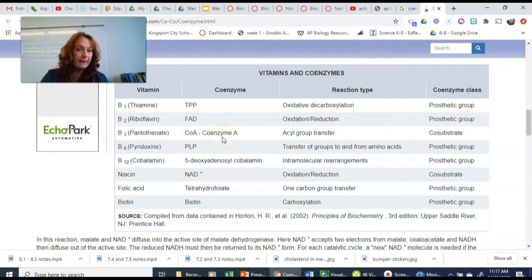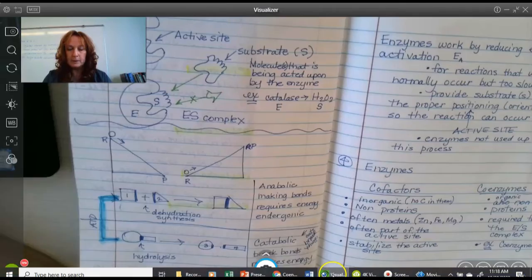Coenzyme A, that's also going to be part of cellular respiration, for acetyl-CoA. You may not remember any of these, but all of these vitamins in this form are not going to be a coenzyme until they undergo change, and then they become a coenzyme. Let's go back to what coenzymes are.